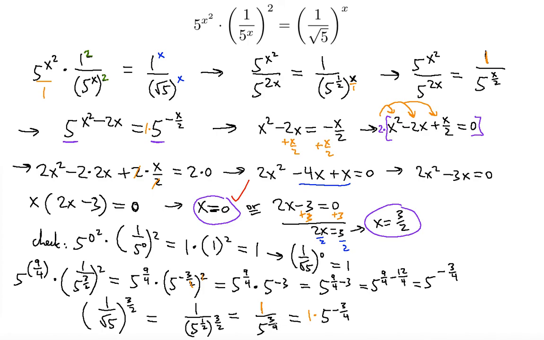So 1 times this is equal to itself, 5 to the minus 3 over 4. So guess what happened? Both sides check with this solution as well. Thus, this is a solution.